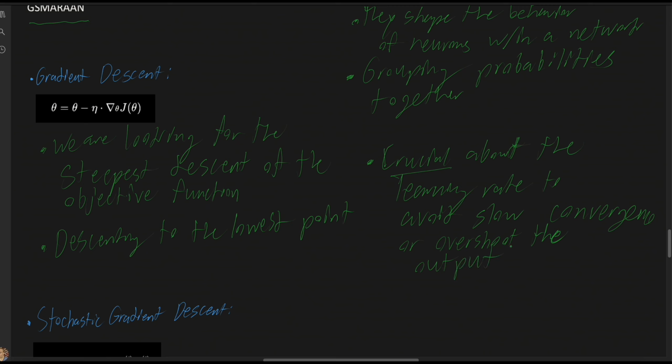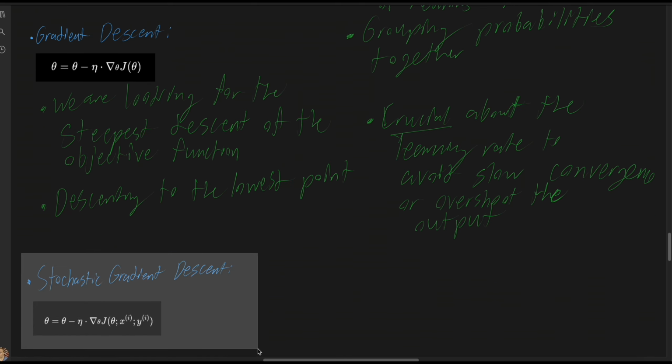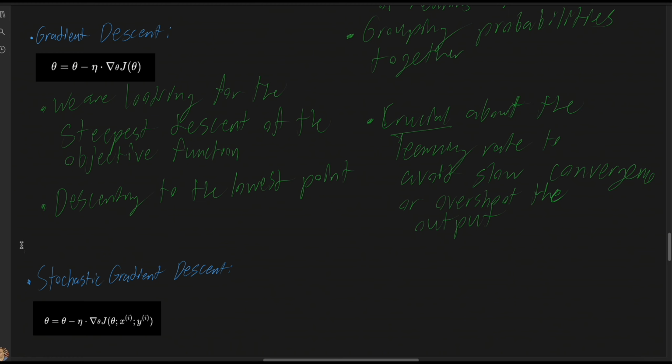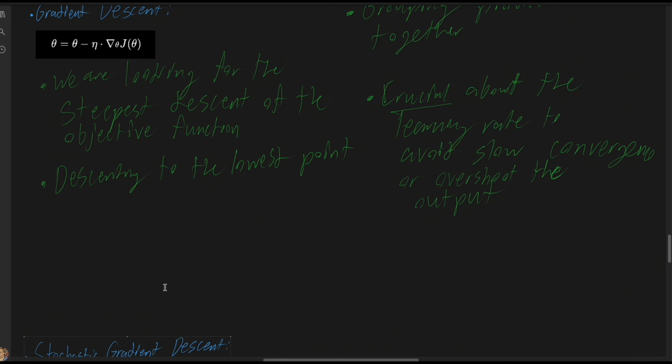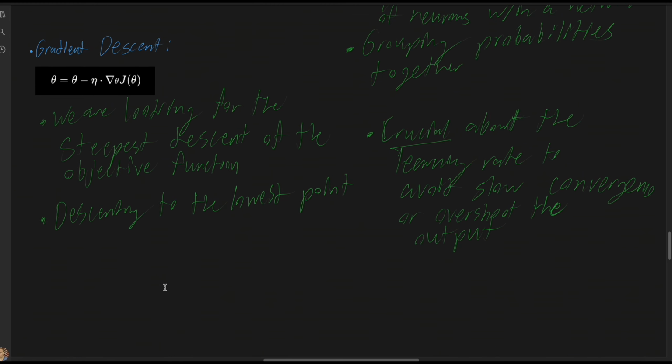There we go. And to break down how the formula is actually built and constructed, theta refers to the parameter vector of the model, which needs to be optimized.